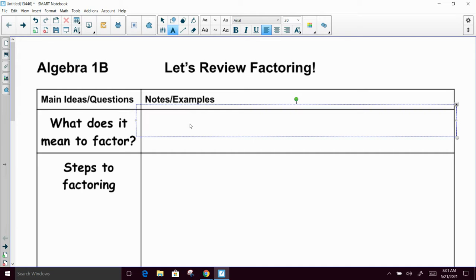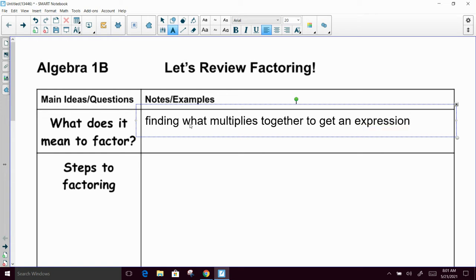So first off, what does it mean to factor? If the directions tell you to factor, what that means is you are finding what multiplies together to get an expression.